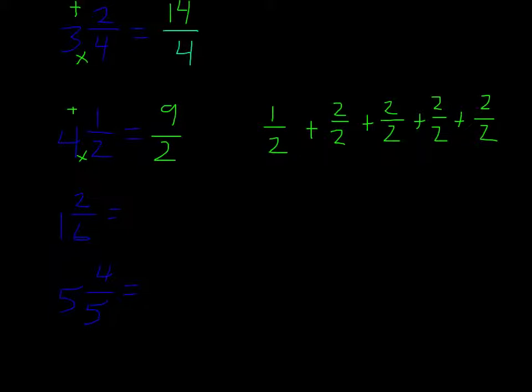And if we added those all together, we would come up with our 9. 2 plus 2 is 4, plus 2 is 6, plus 2 is 8, plus 1 is 9. So either way, we come up with our 9/2.